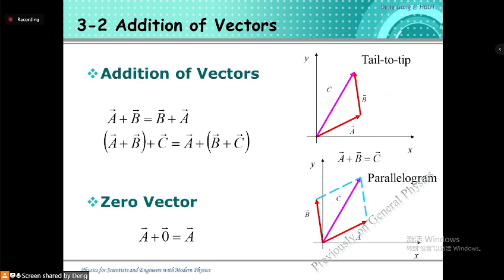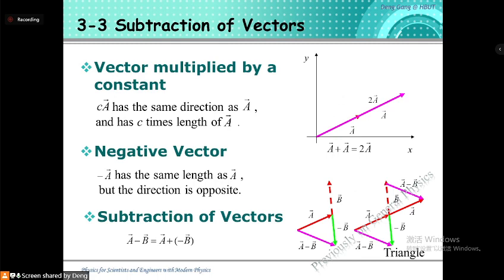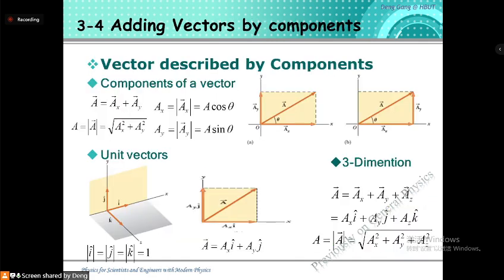And the subtraction of vectors: before we know how to calculate that, we need to know the negative vectors, and we use a triangle to help us calculate the subtraction. But using a triangle is not so easy to calculate. So that's why we need the component form.